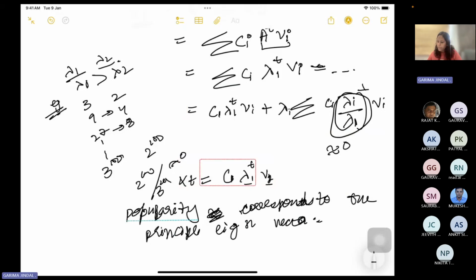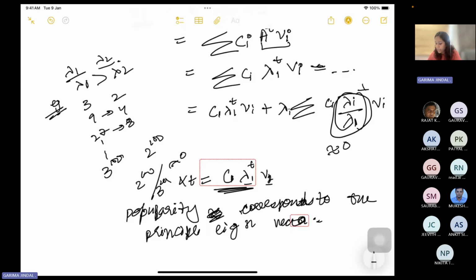From this, it is clear that if you want to calculate the importance of a node based on the importance of its neighbor, you will calculate it based on the principal eigenvector, the values in the principal eigenvector.